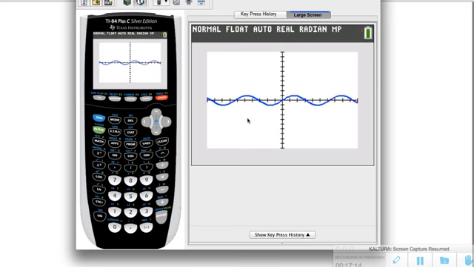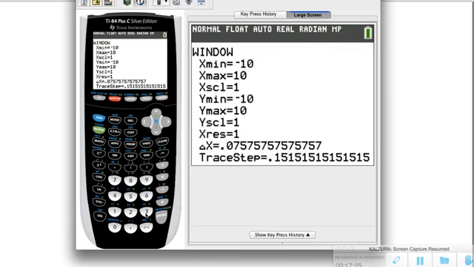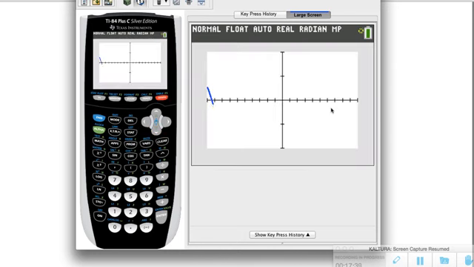Looks like this. Of course, I could adjust the window a little bit if I wanted to get a better view. How about instead of going from negative 10 to 10, let's change the y values, say, from negative 2 to 2. We know it only goes up to 1, but this will give us a little space to see it. You could also zoom in. That would work as well.